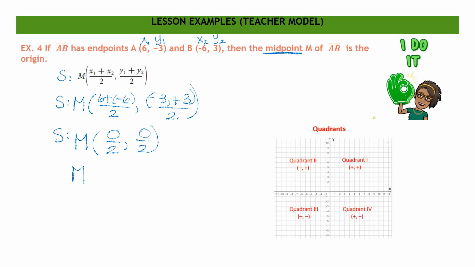So as you can see, when we simplify, 0 divided by 2 gives us 0, and 0 divided by 2 here gives us also 0, and the point 0, 0 is located, in fact, at the origin. So it's saying if I have these endpoints A and B, the midpoint is going to be at the origin, and of course it is, so therefore it is a true statement.